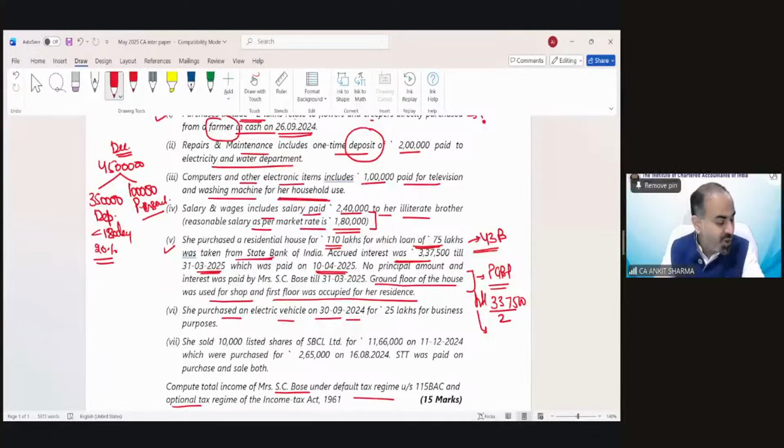So 168,750 is allowable as interest because the payment has been made before the due date of ROI. No principal amount and interest was paid by Mr. S.C. Bose till 31st March 25. Not a problem. So this would be the interest treatment, and now the depreciation.